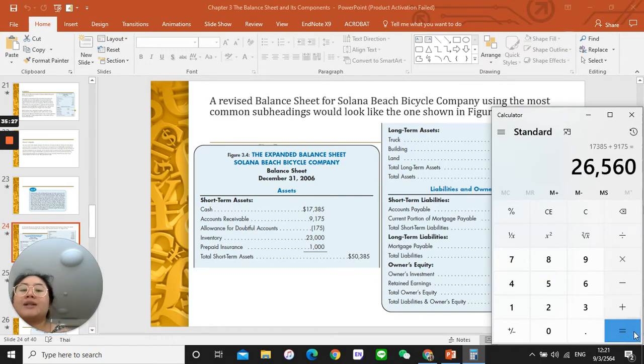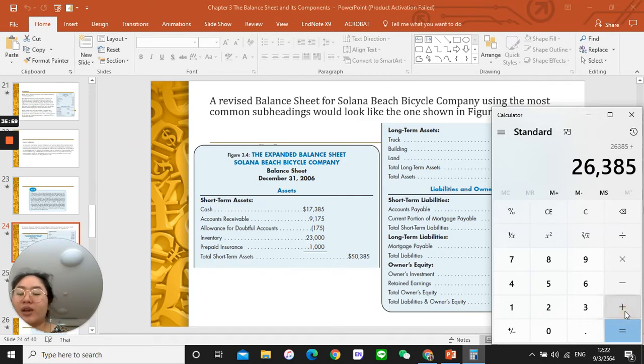Okay, but you have the allowance for doubtful accounts, which is the amount that you cannot receive. They are doubtful accounts, so it means you minus 175. You can see 175 in parentheses means minus.